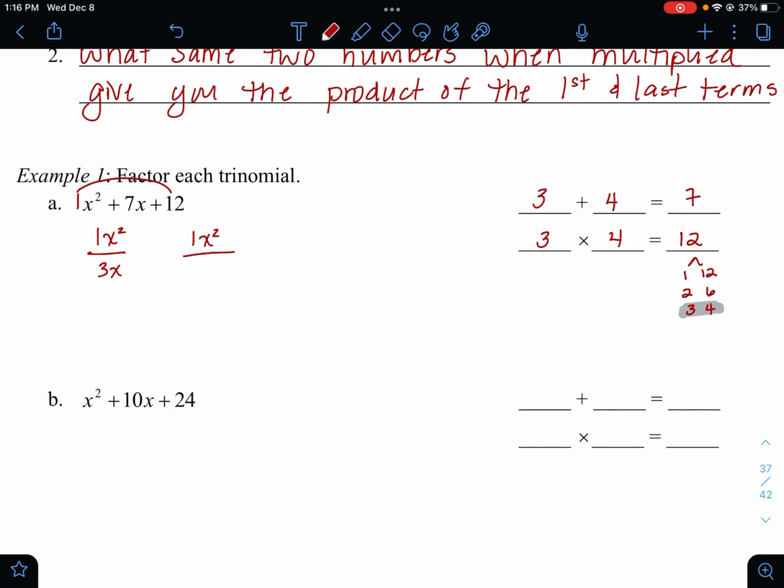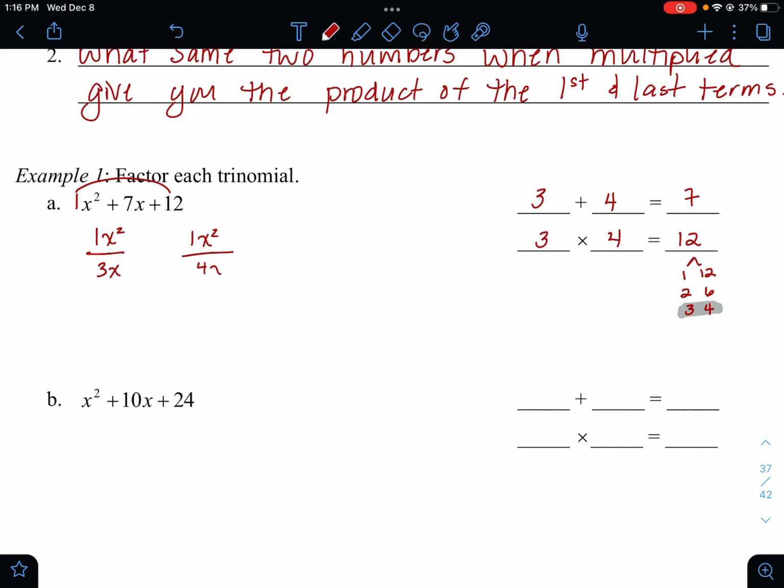So I'm going to have a 3x in that denominator and a 4x in this denominator. And then we simply simplify our fractions. Well, the only thing that can reduce, and this will happen every time, which is why you will only ever see me do 1x over 3 and 1x over 4, because this x will become 1 and that x will go away every single time.